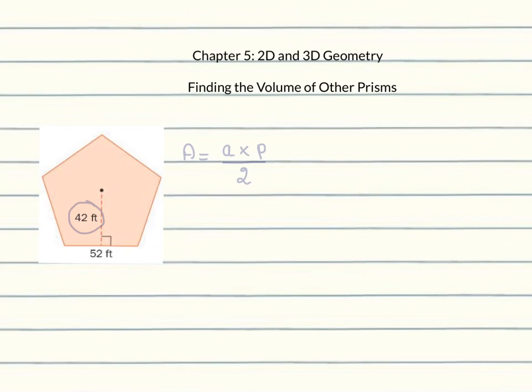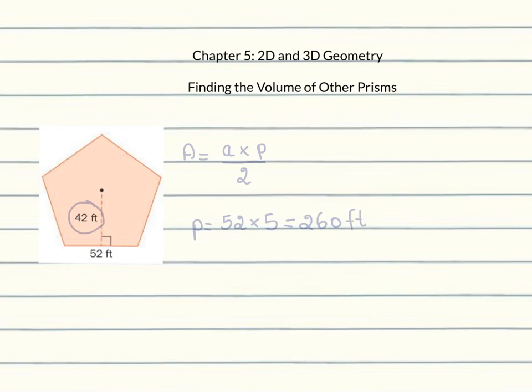For example, here we have a pentagon. Each side in this pentagon is 52. And how many sides do we have? We have 5 sides. So it's 52 multiplied by 5 equals 260 feet.